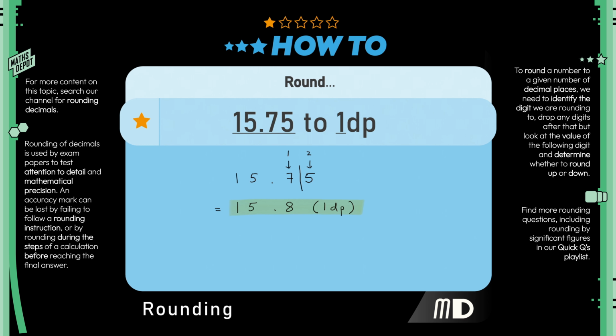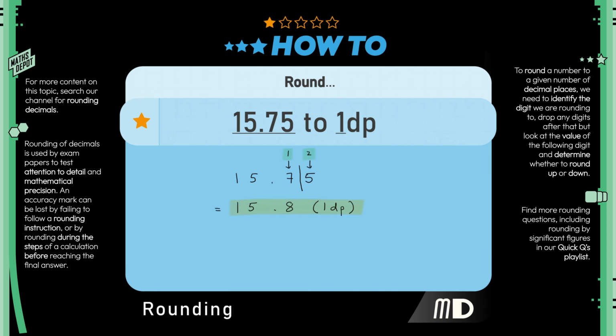This time, both digits after the decimal point are 5 or above. To begin, we need to identify the digits by their position after the decimal point. The first digit is 7, and the second digit is 5.